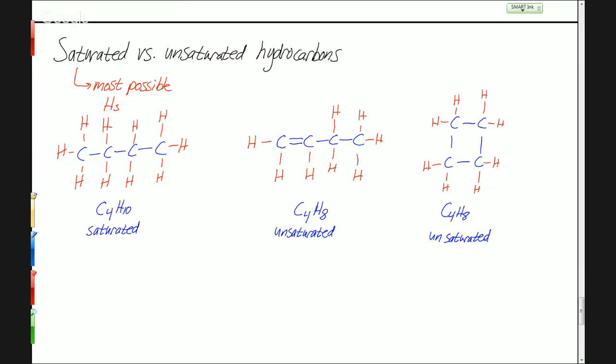And that's also unsaturated. And so you could imagine if we compound these things, like we have multiple double bonds or a triple bond or a ring and a double bond, that kind of stuff, you can make it even more unsaturated.